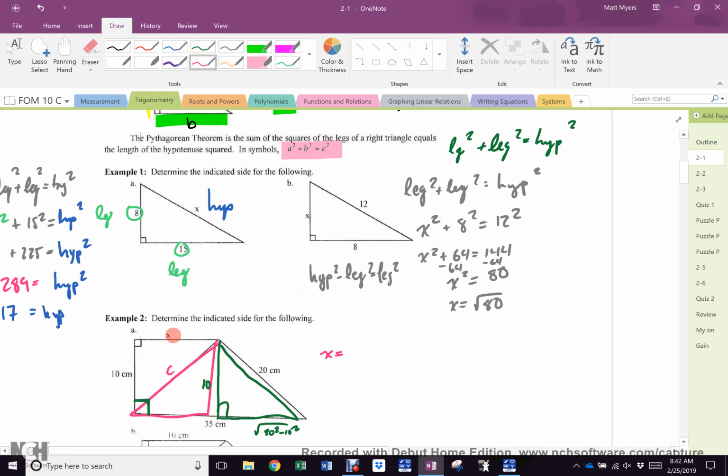Does everybody understand? When you learned Pythagoras in grade 6 and grade 7, the whole question was one triangle.